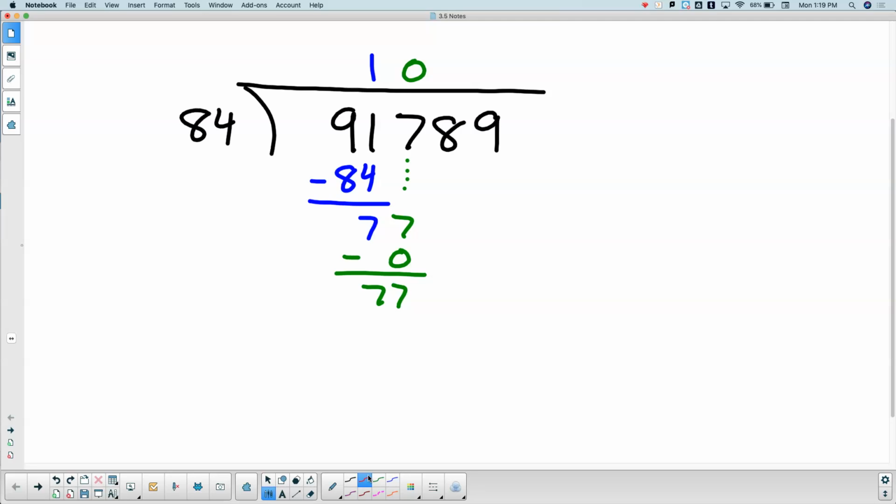Pick somebody. Bring down the 8. Then what? Other way around. 84 goes into 778.